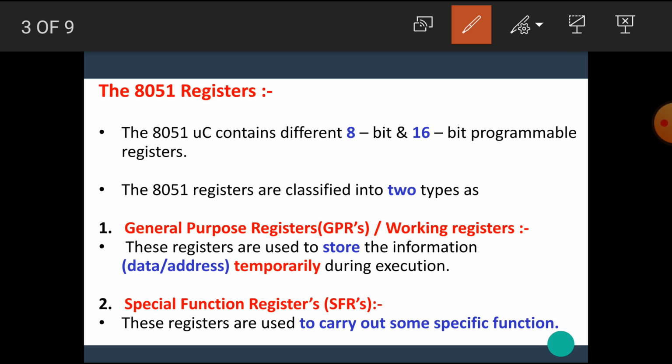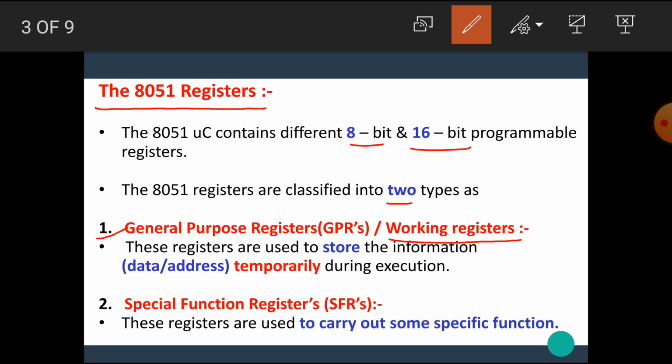Now let's start our point, the 8051 registers. The 8051 microcontroller contains different 8-bit and 16-bit programmable registers. The 8051 registers are classified into two types. The first one is general purpose registers, also called working registers.